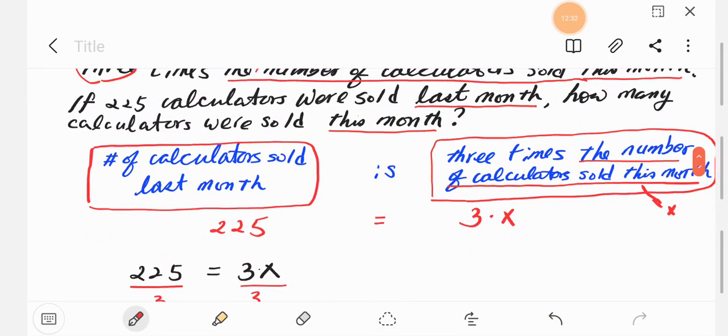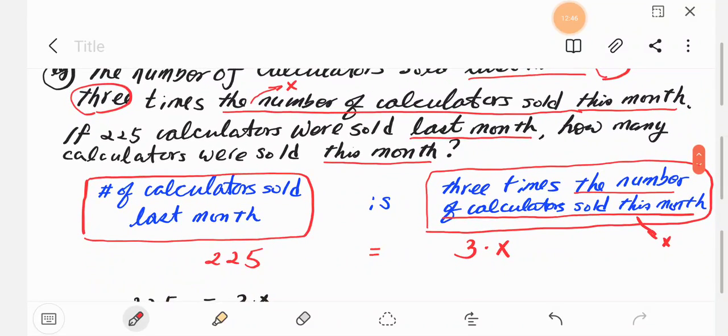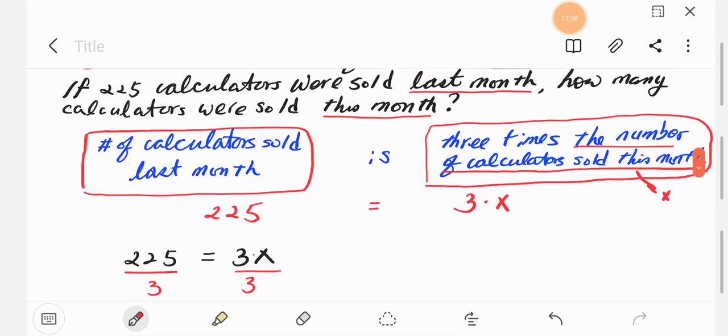Then the phrase on the left side of that verb will be the expression of the left side of the equation, and the phrase after this verb will be the expression of the right side of the equation. And then solve the equation.